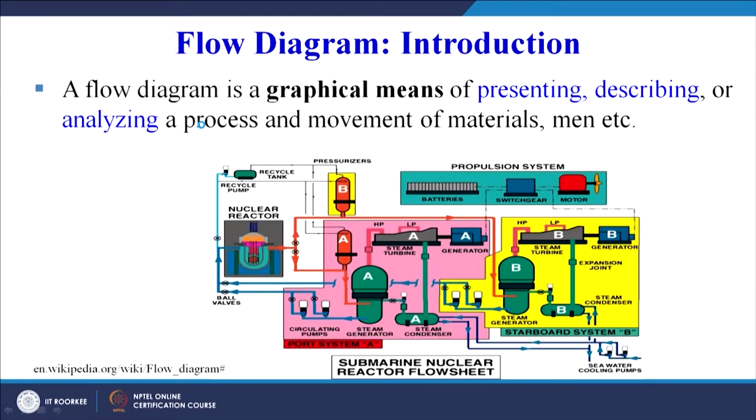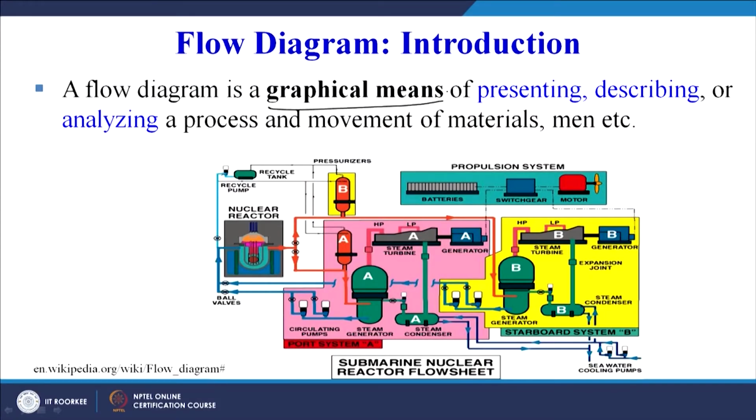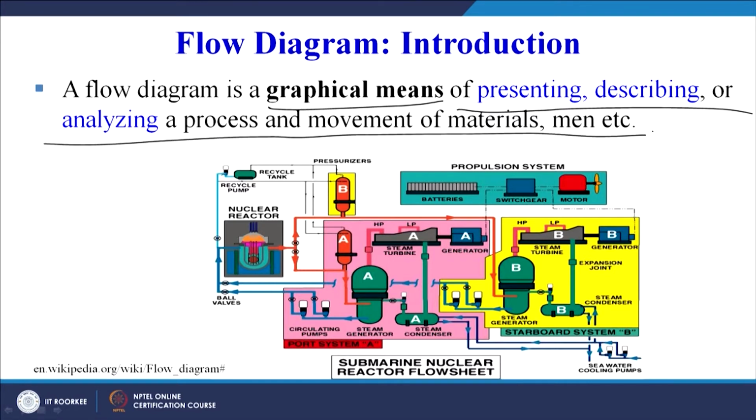Flow diagrams are also used for any process industry, or chemical engineering industry, or a paint manufacturing industry. So you can use flow diagrams in such situations also. A flow diagram is a graphical means of presenting, describing or analyzing a process or a movement of material and man. Here is just one example.